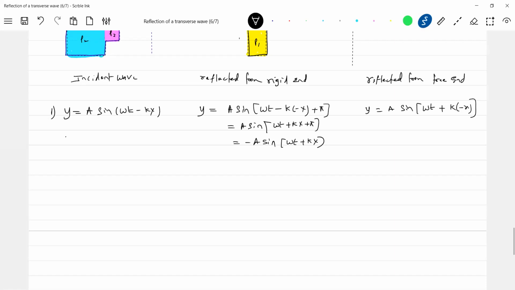It is understood, this wave is moving along the positive x-axis. Agree? Omega t minus kx, if I write, I think it is understood. So if you write it moving along positive x-axis, what about this? Reflected wave moving along negative x-axis.